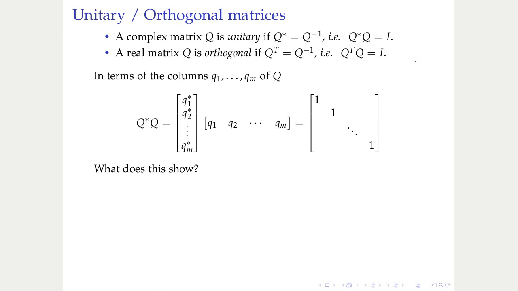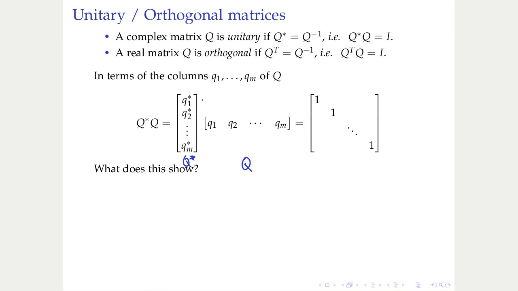Just like we were doing last lecture, we can write down our orthogonal matrix in terms of the columns of Q. So we've got ourselves a matrix Q, which has columns q1 through to qm. This here is Q. This here is Q star.